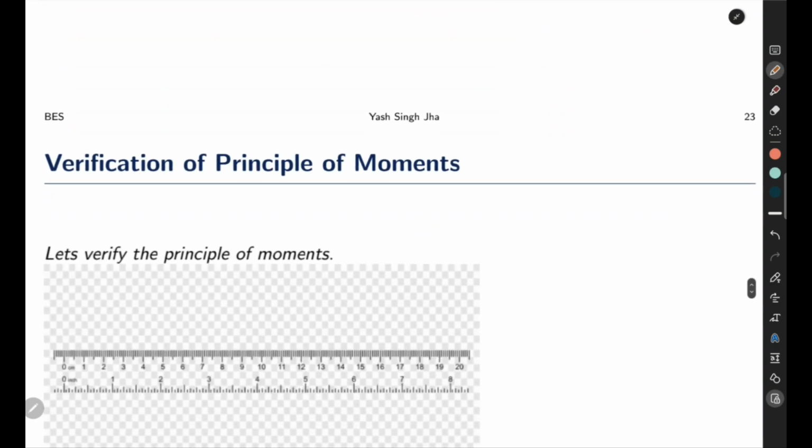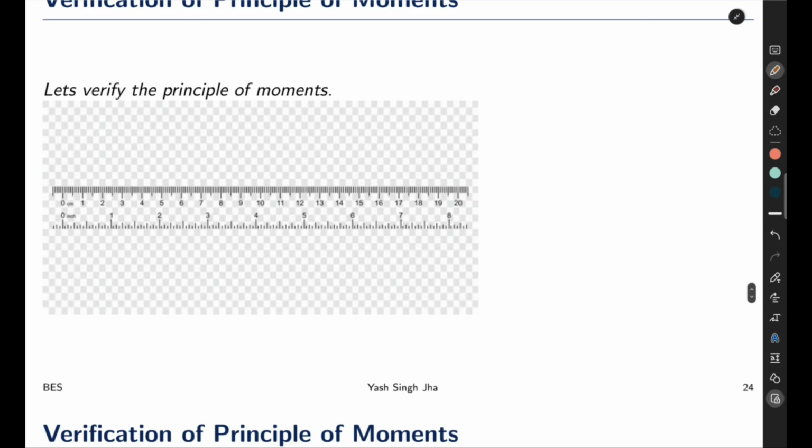Let's verify it. How do we verify it? Let's take a ruler and support it at its midpoint so that it is free to move in this direction. It can either rotate in an anti-clockwise or clockwise direction. Let's take two masses and hang them at different distances. Let us say this distance is d1 and this mass is m1.